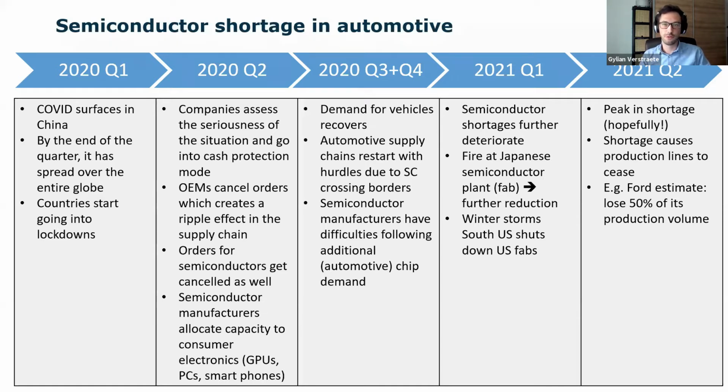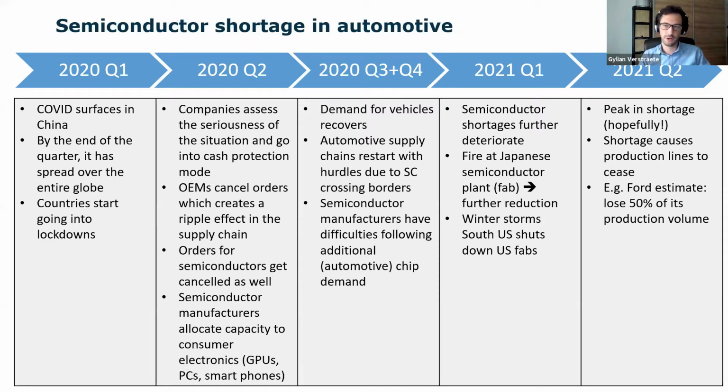In Q3 and Q4, demand for vehicles started to recover, but capacity was limited at the semiconductor sites, since that capacity had been promised to other goods. So it was quite difficult to get your hands on semiconductors at the end of last year.